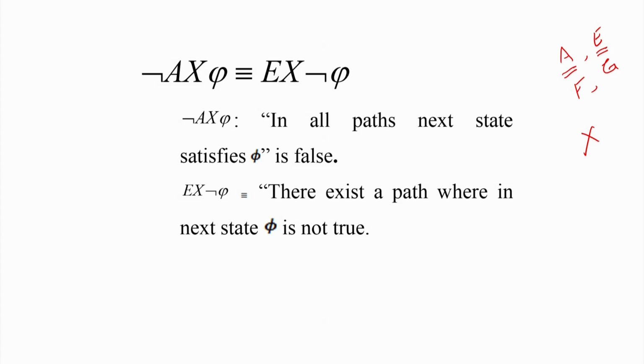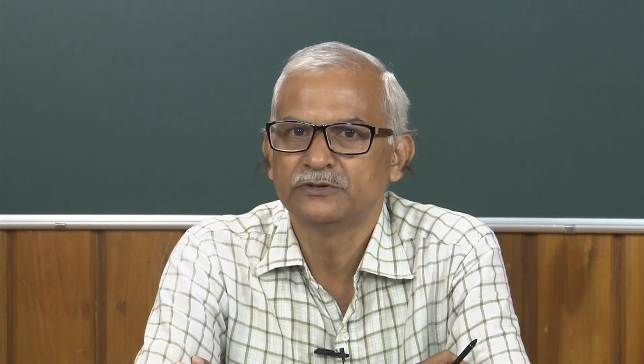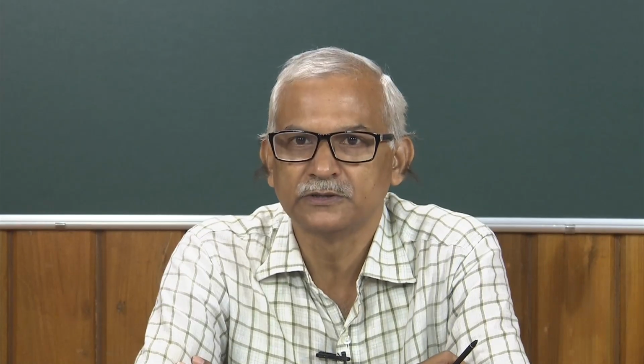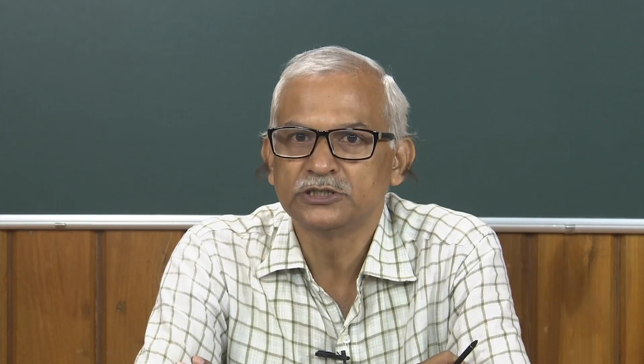Not of A X phi, what does it mean, or what is the exact interpretation? It says that in all paths the next state satisfying phi is false. Okay. So, this is the meaning.